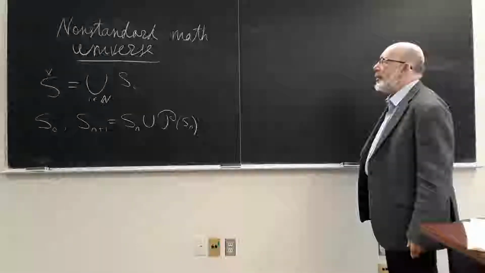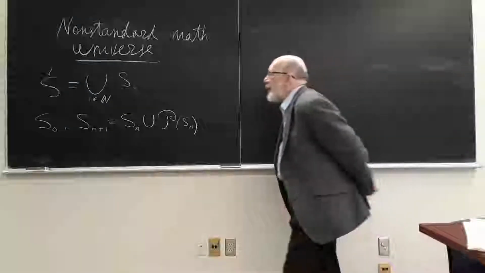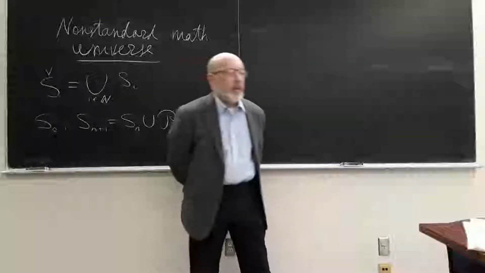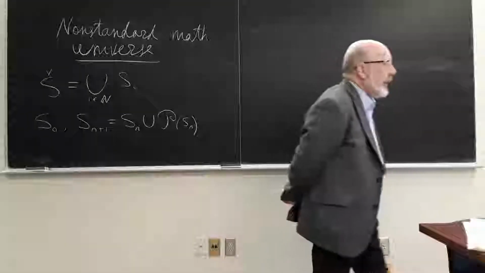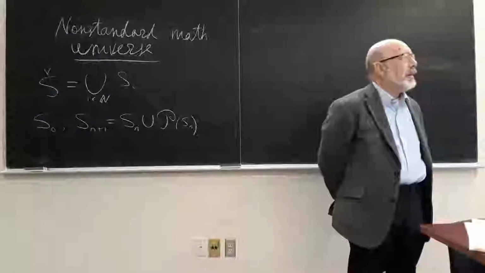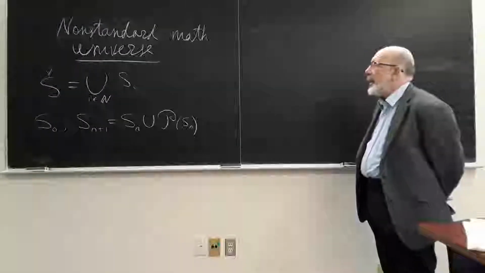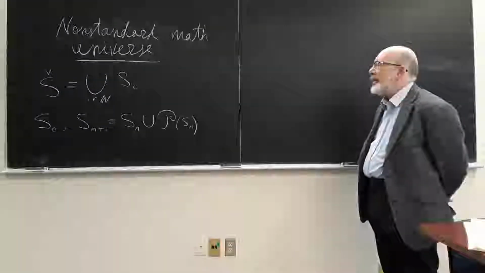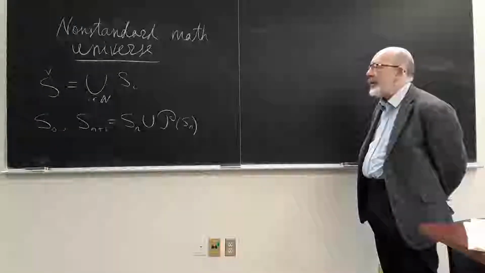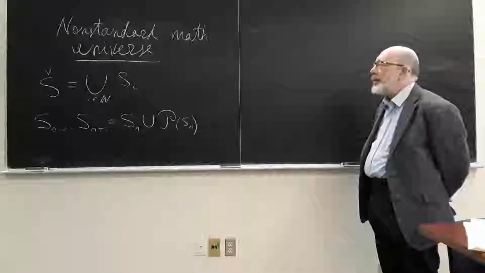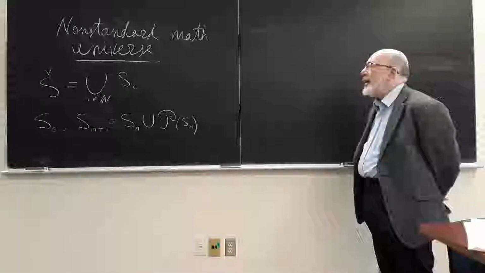It is one element. So this superstructure is the playground of our mathematics, as I explained. So any object of mathematics, any set, any relation, any operation is contained in this set.